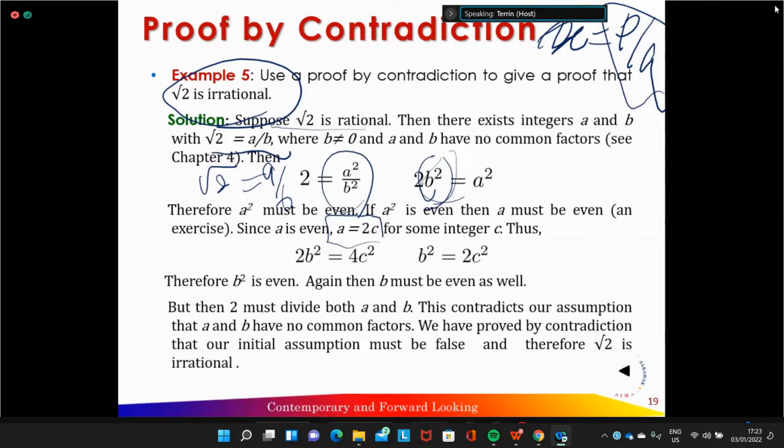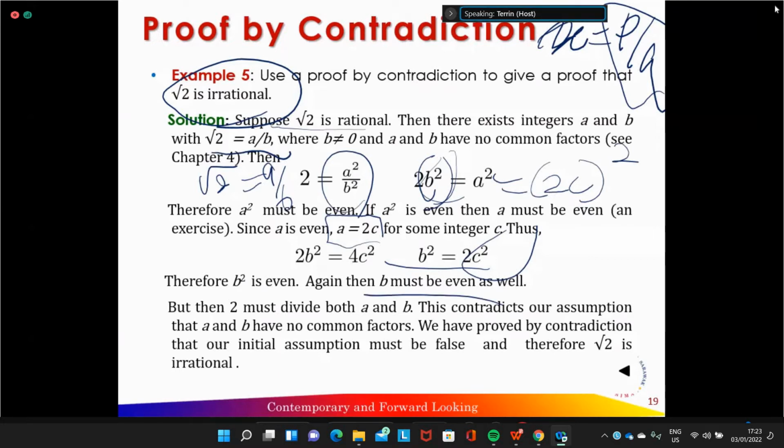So now we get 2b squared equals 4c squared, then b squared equals 2c squared. So again, b squared is an even number based on an arbitrary integer c. So if b squared is even, then we also know that b is even.